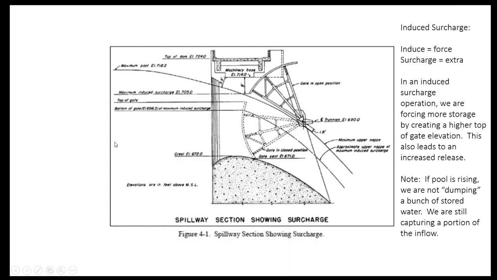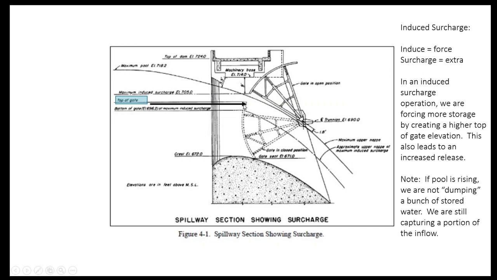This is an image that was taken out of the Corps of Engineers EM 1110-2-3600, the Management of Water Control Systems, EM standing for Engineering Manual. This is the spillway gate in its closed position. And you can see that this is the top of the gate in its closed position.